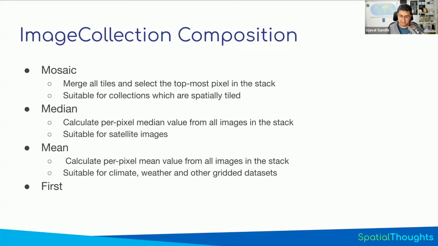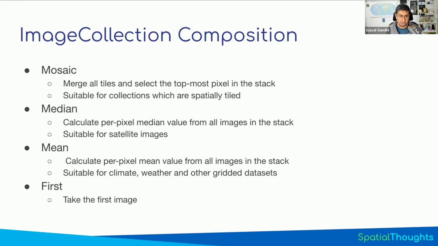This is useful because there are many data sets where there's only one global image, but it is still given to you as an image collection. You say, oh, I know that there's only one image in the collection. So you just say, give me first. And they just give you the first image out of that. So these are the kind of different compositing methods. Again, if you are an Earth Engine user, there are hundreds of compositing methods. Only these ones are exposed in your tool, which are most commonly used.